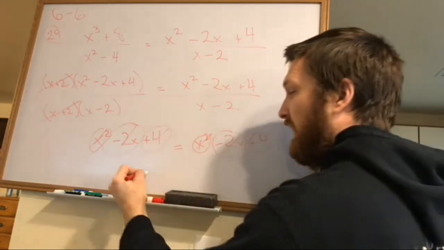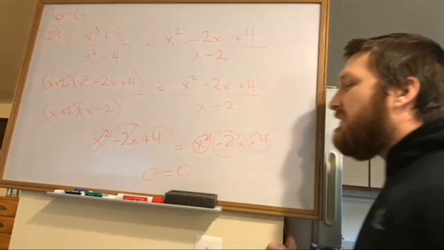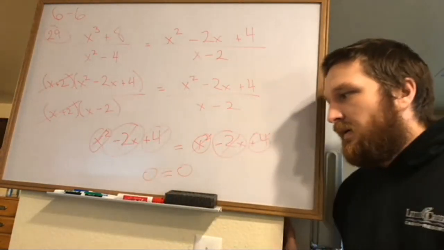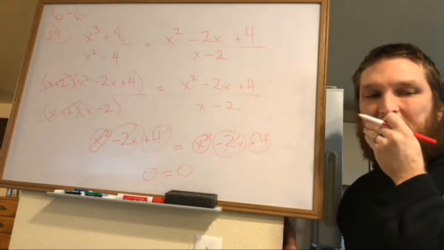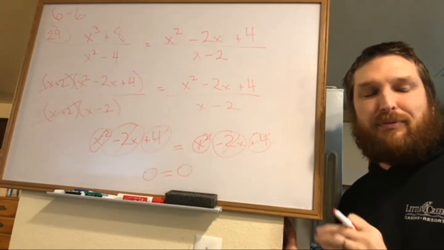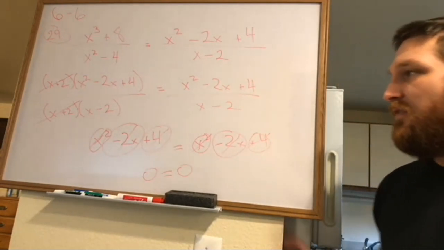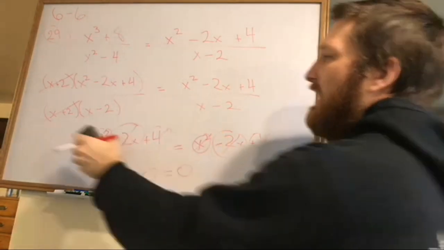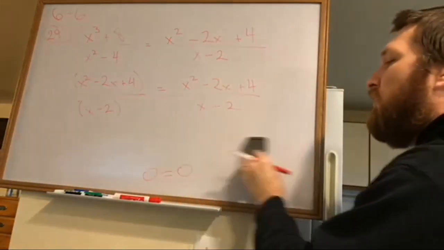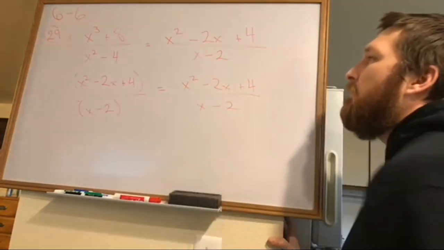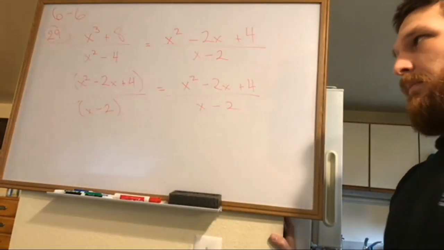And so what we're left with is 0 equals 0. When does 0 equal 0? Forever and always, it will always be true. So it makes me think that I could plug in any number for x, and the left-hand side of the equation will always be equal to the right-hand side of the equation. But what's the problem?